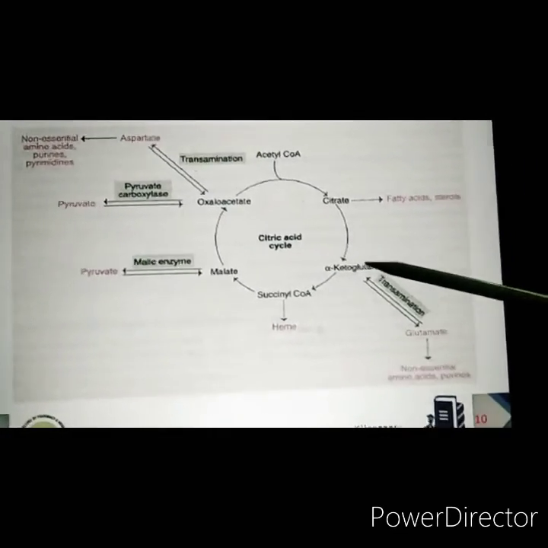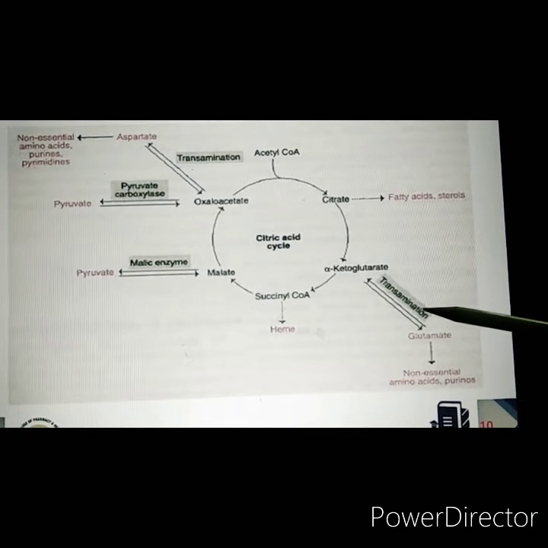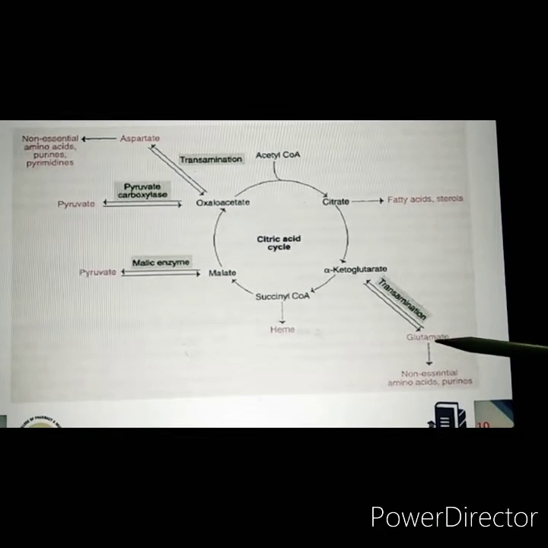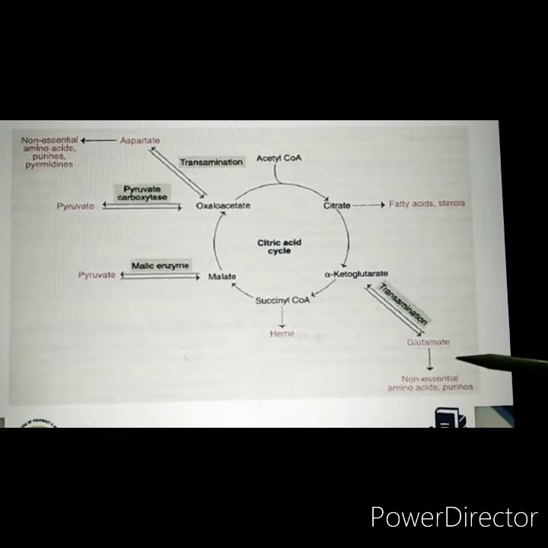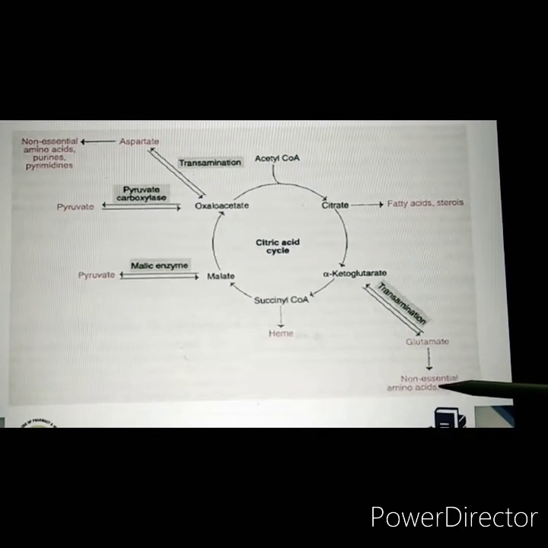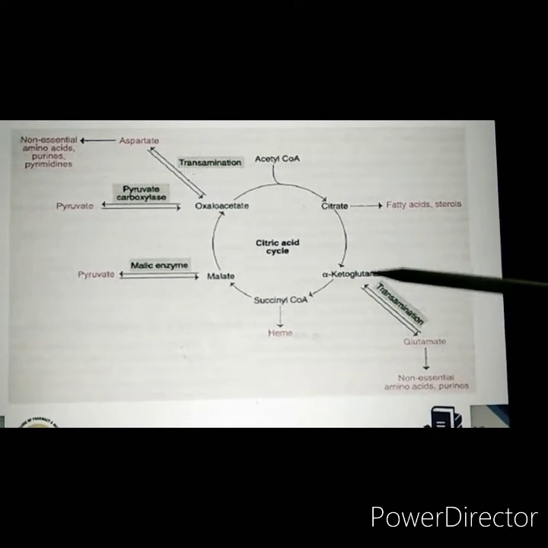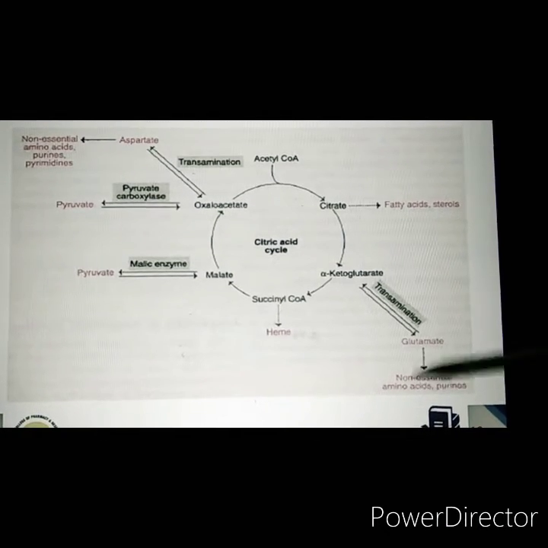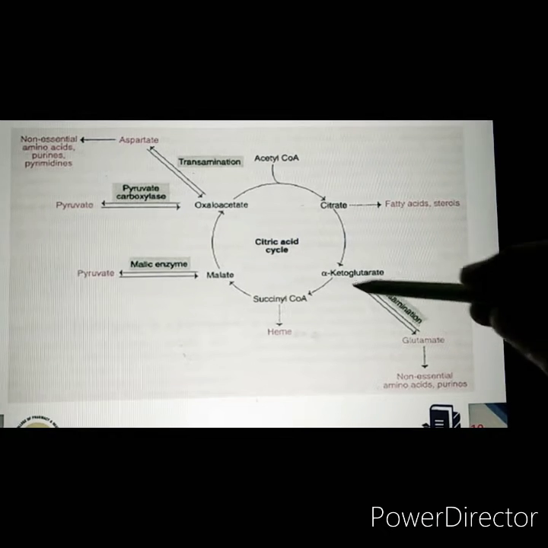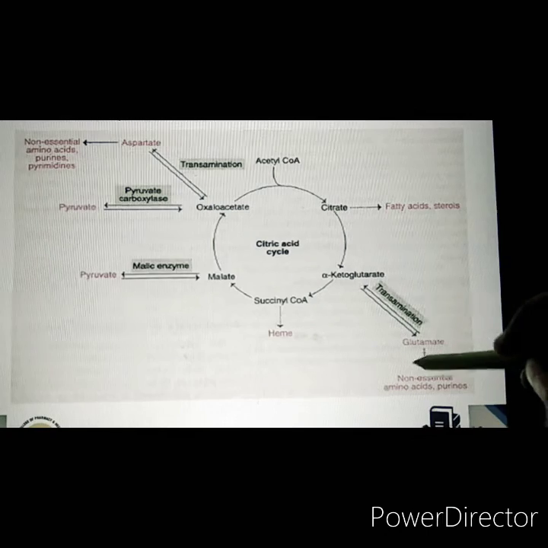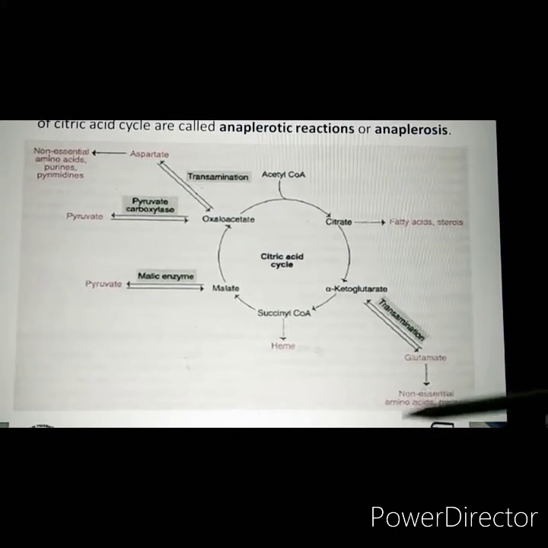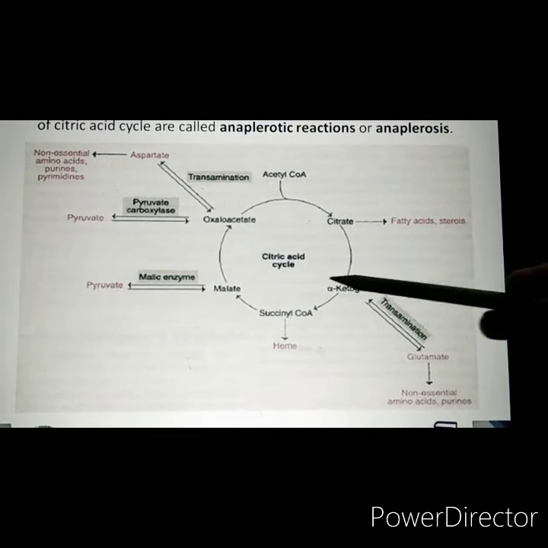You can see here alpha ketoglutarate undergoes anabolic reactions to form glutamate, and this glutamate undergoes a series of reactions to produce non-essential amino acids like glutamic acid. So this is an anabolic reaction. Now if these non-essential amino acids get degraded and produce alpha ketoglutarate, this is known as a catabolic reaction because complex molecules produce simpler forms.